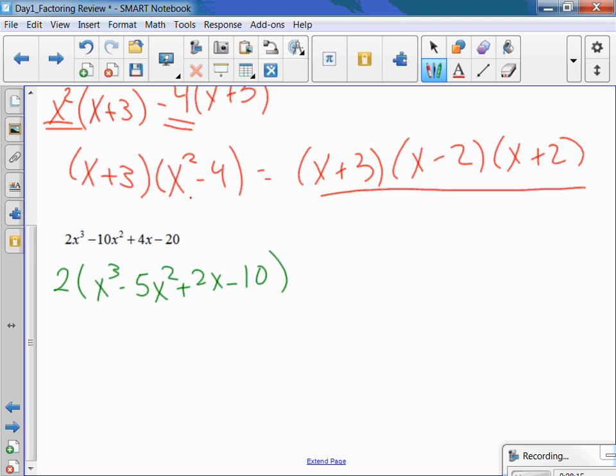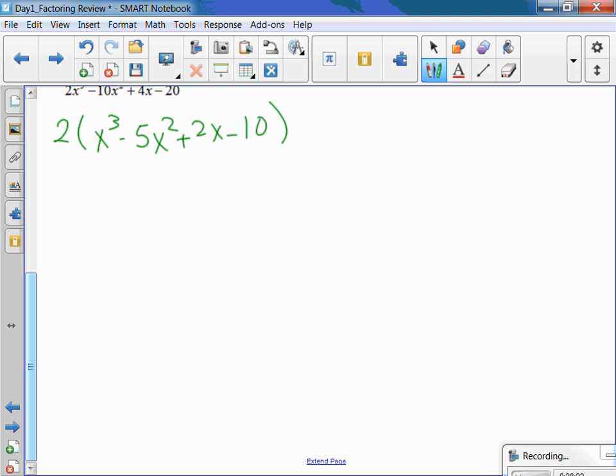So now we can say, okay, in this first pairing, x cubed minus 5x squared, I have an x squared in common, leaving behind that x minus 5, and the plus 2x minus 10. What do we have there? GCF? 2, right?